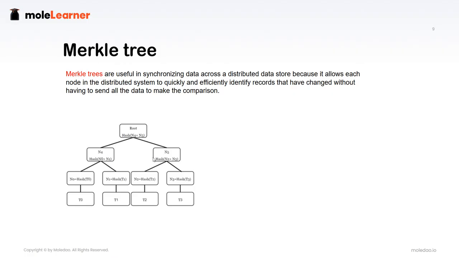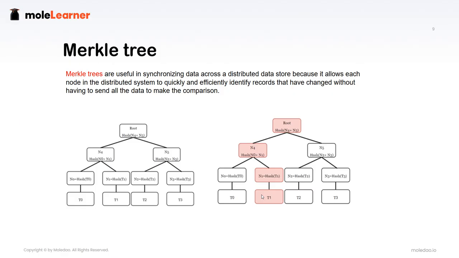N5 is the hash value of N2 and N3 combined and hashed again. The process continues layer by layer until the final Merkle root is obtained and stored in the block header. If any transaction is modified, for example T1 is altered, the resulting root value will change. So this is a way we can verify the whole block. We don't need to verify each transaction.